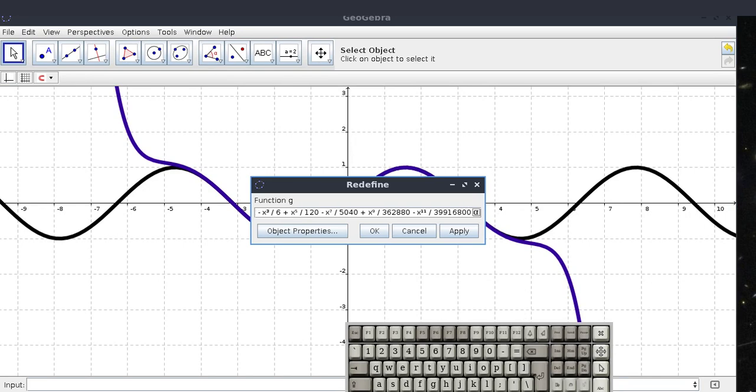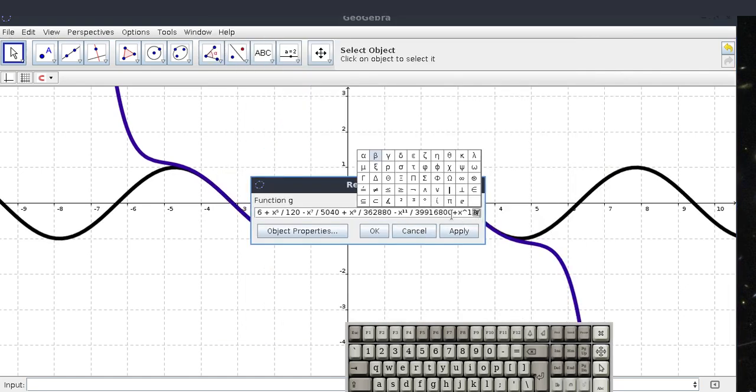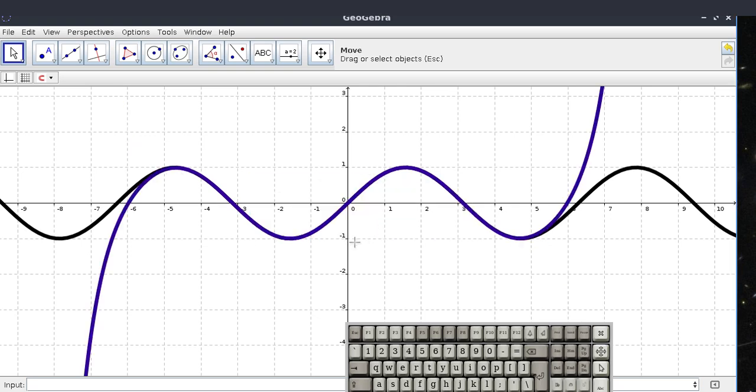So we have all of this out here. Plus x to the power of 13 over, now we want to find out what 13 factorial is. 13 factorial equals a big number. Let us just copy and paste it. Can't be bothered writing all of that and remembering all the figures. All right, okay. Joining it more and more.